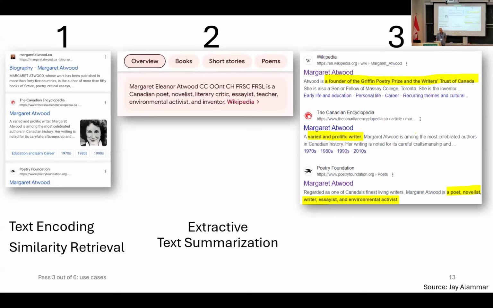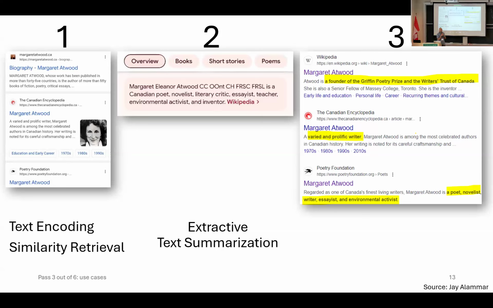We have extractive text summarization, as you can see. This sentence that is shown in item number 2, actually we don't have that in Wikipedia. If you check Wikipedia, there will be a longer paragraph that is certainly longer than these 3 words, but BERT is used by Google search to extract a summary of that paragraph that is relevant to my search query.